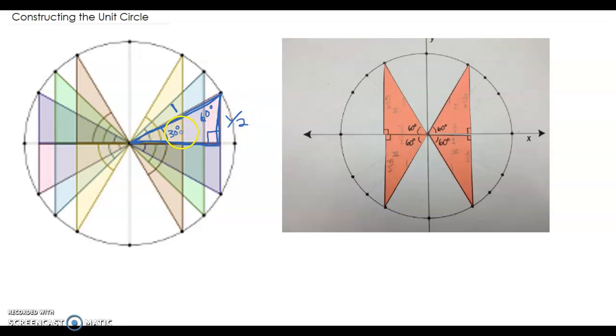The opposite side from your 30-degree angle is going to be 1/2. And the side adjacent, the side that lines up with your x-axis here, is going to be root 3 over 2. When we think about trying to label this point on our circle, what do you think that point's going to be?